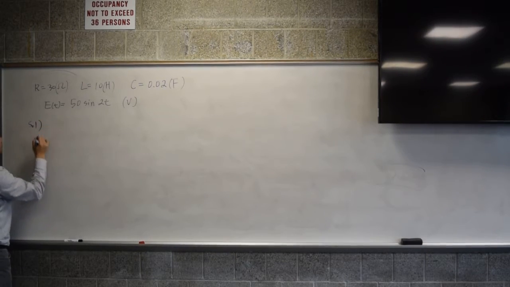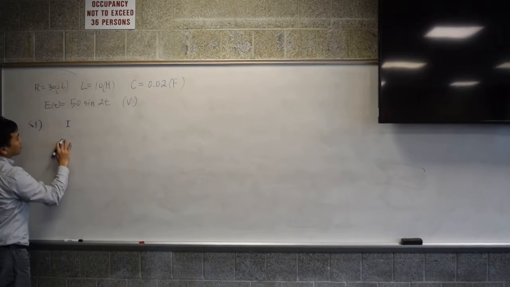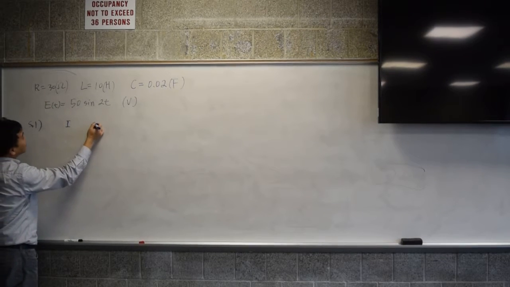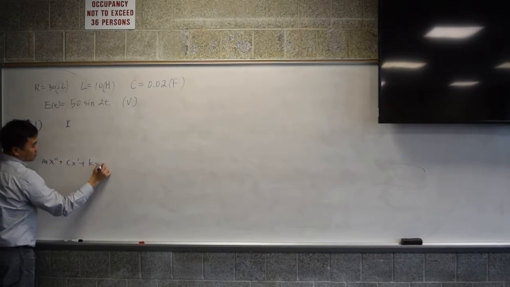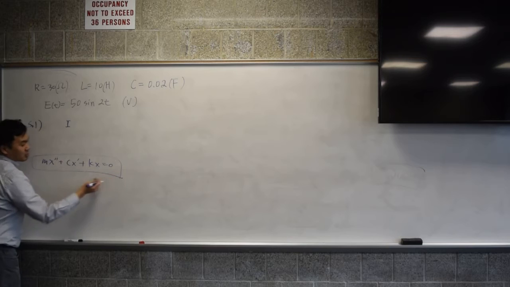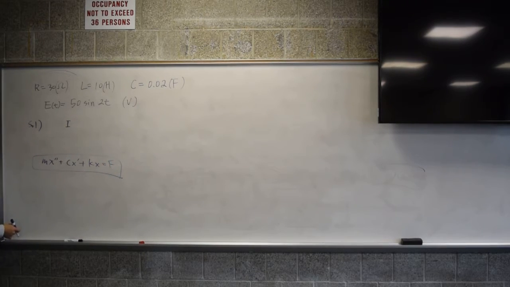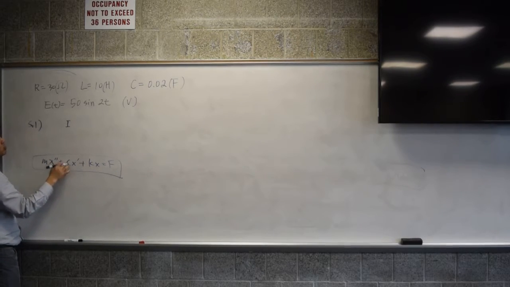Solution. Well, the formula is, resistance acts like resistance. So in the mx double prime plus cx prime plus kx equal to 0, this mechanical vibrations thingy, resistance is just like the friction coefficient, right?